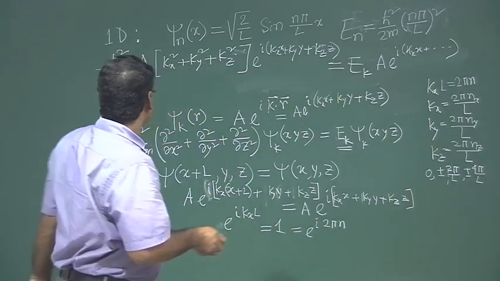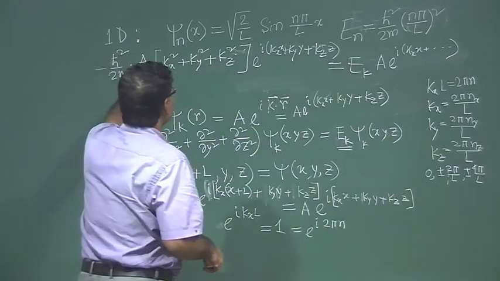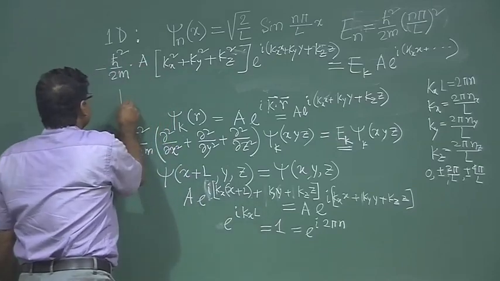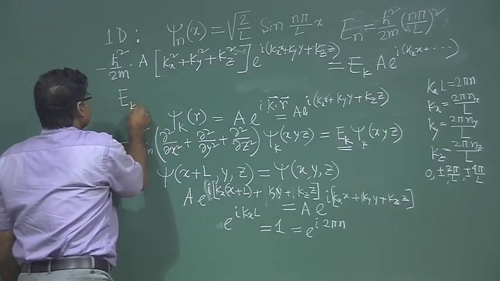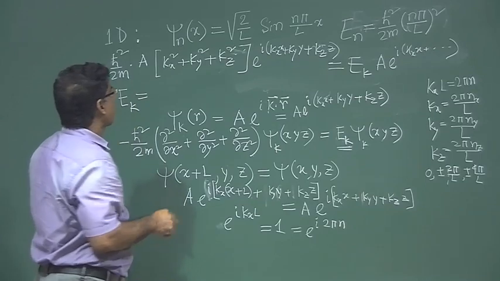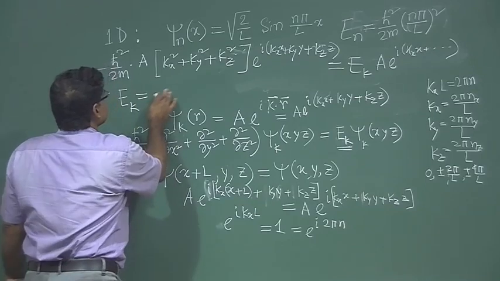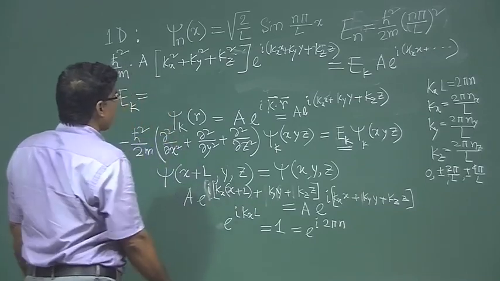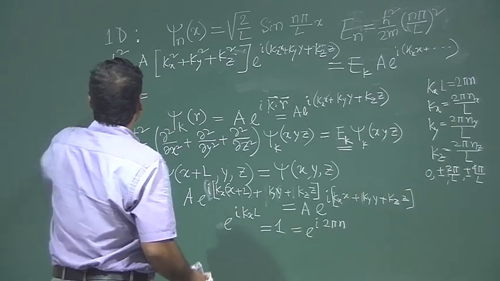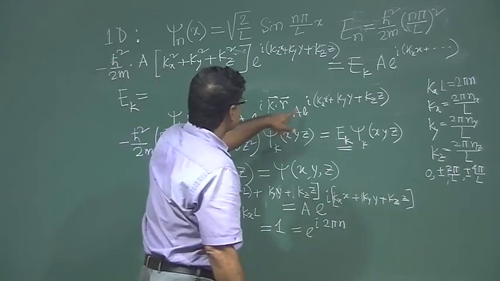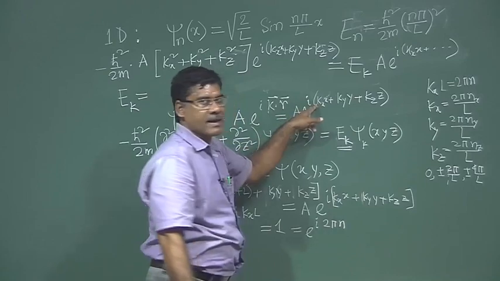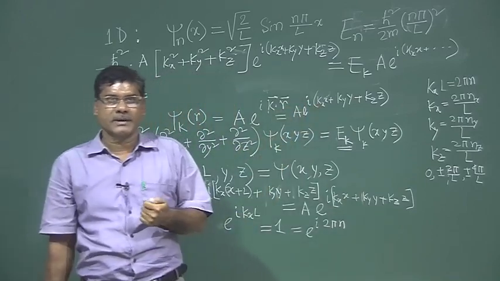So, from here what we are getting? We are getting the E_k energy expression. I made a mistake, so i is there. So, i k_x will come out. Okay.